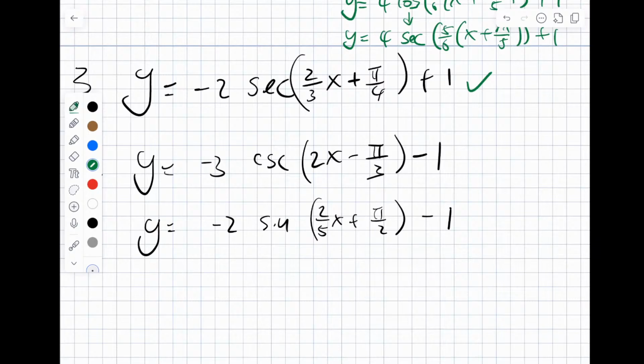For the secant graph, I would suggest you graph cosine first and then invert it, and only invert when the things touch the midline. And that's your first asymptote. The first asymptote is defined as the first asymptote to the right of the y-axis. Now that's the first asymptote plus n times the half period. So try it right now.